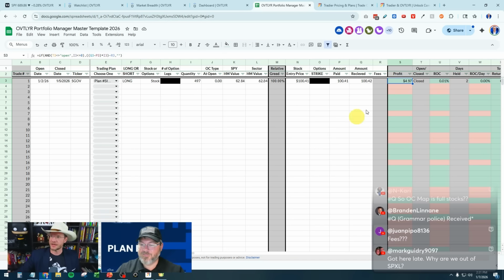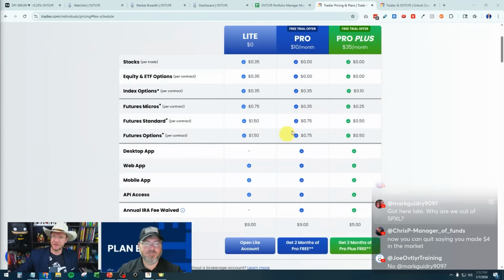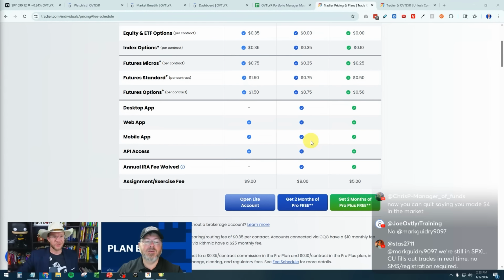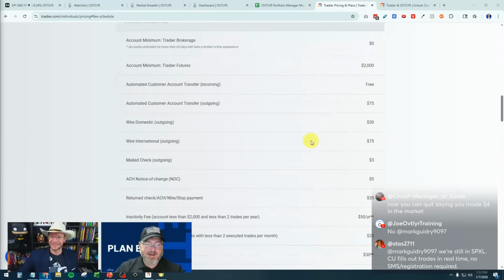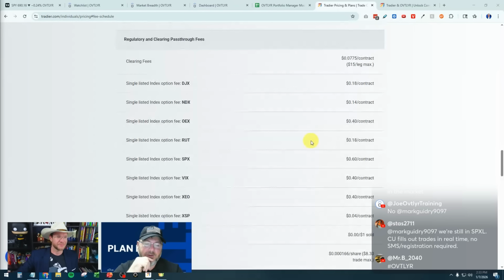Exactly. But the reason I want to pull this one up here is even though we're going to count it as zero on fees, there are regulatory fees, Joe. Did you know that? Yeah, I did notice those. When I started tracking my trades in the portfolio manager, it became pretty evident to me that someone is always making money. That's right.